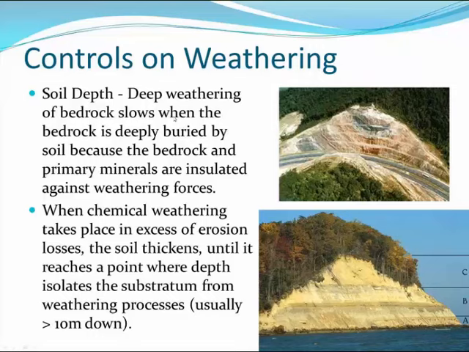Well, imagine then that at 10 meters down or 5 meters down in the soil, there aren't very many roots, and the bedrock or the soil is very highly insulated against those processes. Well, if that's the case, then weathering is going to slow down in those deeper cuts.